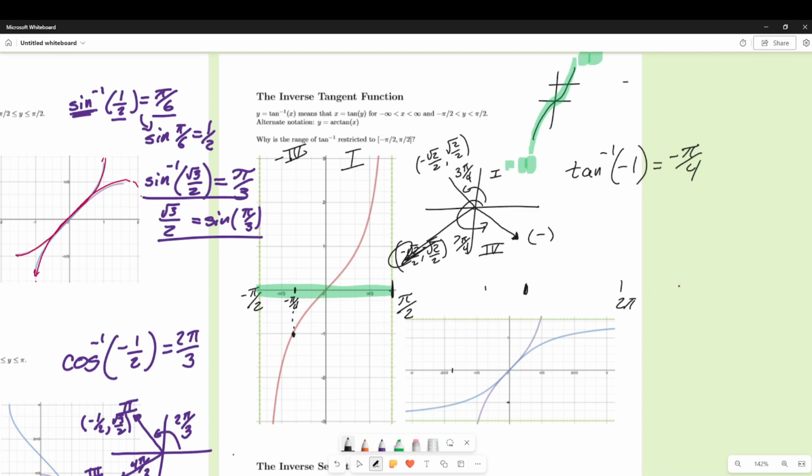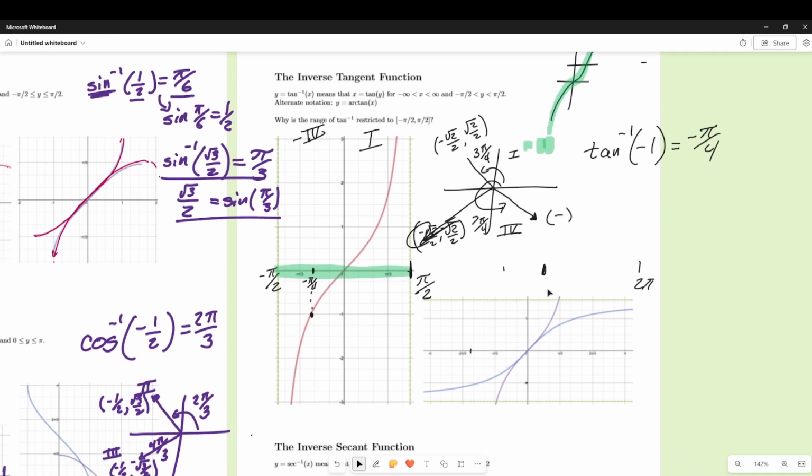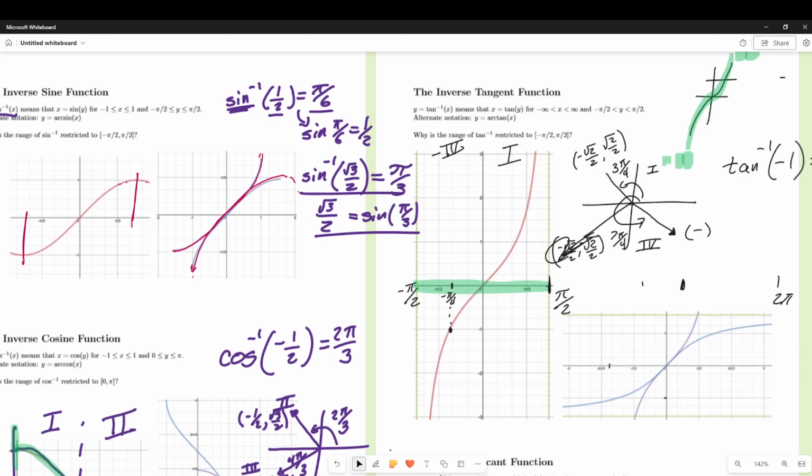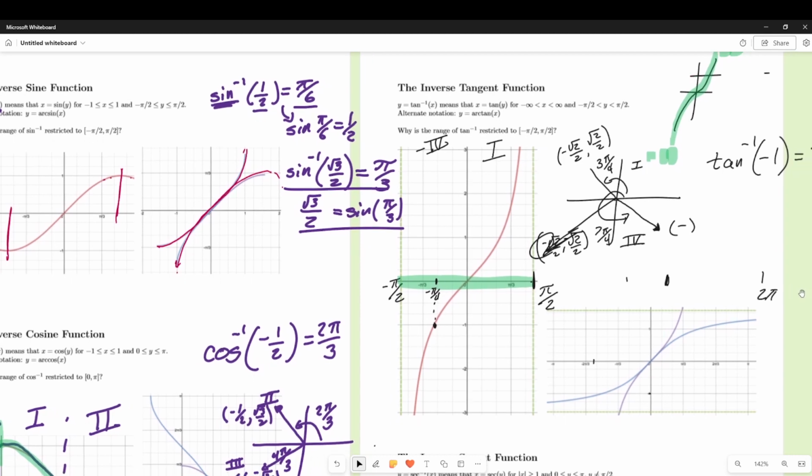So that is something we'll have to be careful about, and it takes a bit of getting used to. It is nice that sine and tangent are the same from negative pi over 2 to pi over 2, though the tangent one, you'll notice, doesn't have equals on those, just has less than and less than, while this has less than or equal to, less than or equal to.